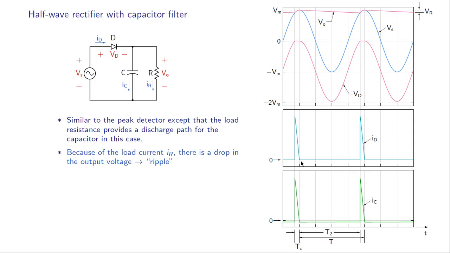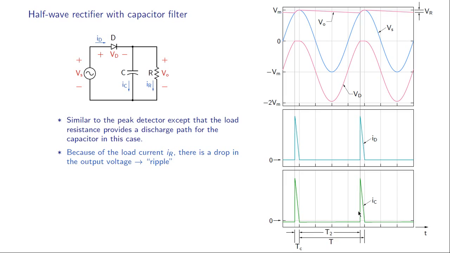Then the diode turns off, so zero current, and then again the charging interval comes, and the diode current becomes non-zero. Now it turns out that the diode current here is very large compared to the average IR. And do we see that average IR anywhere in this figure? That is right here.